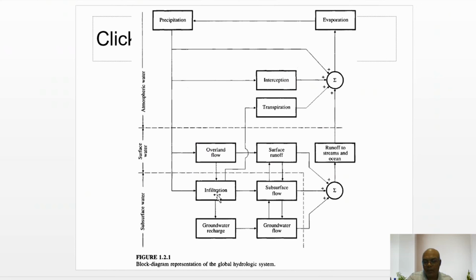Finally, this infiltrated water takes place as a subsurface flow, that is flow taking place at shallow depth, and some part of infiltrated water joins groundwater at deeper depths, and that becomes groundwater flow. So this subsurface flow and groundwater flow become interchangeable based on where the water table exists.